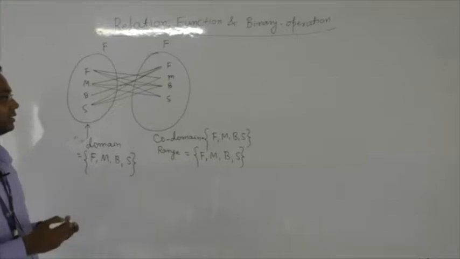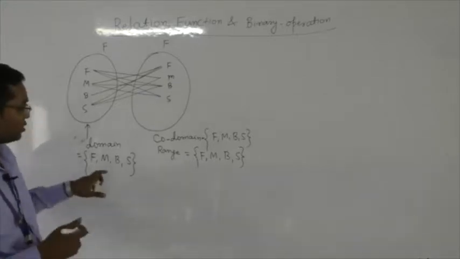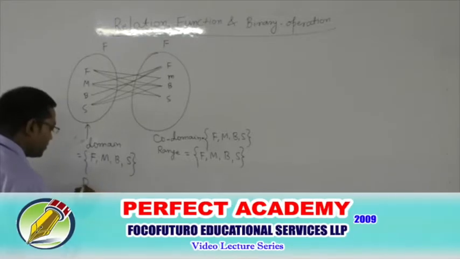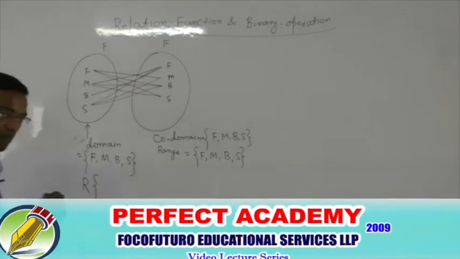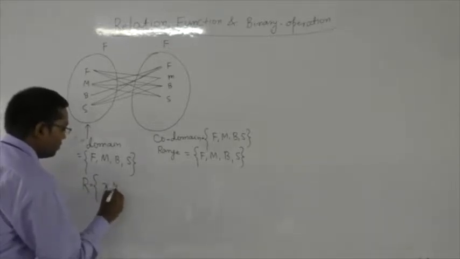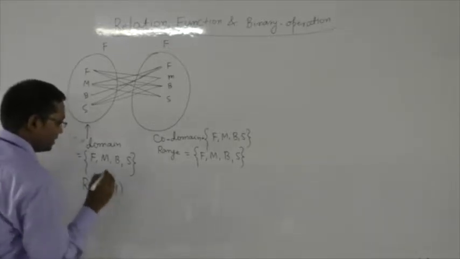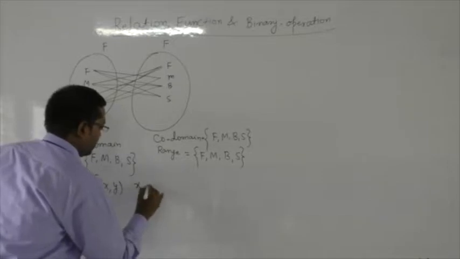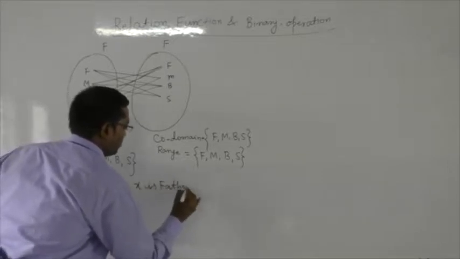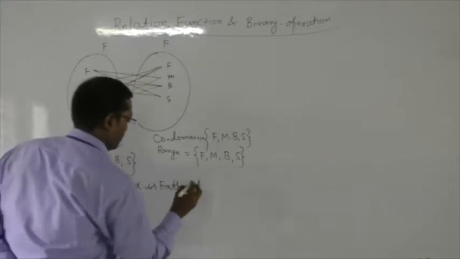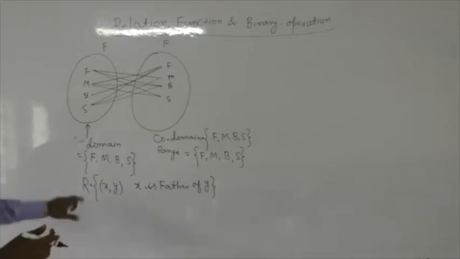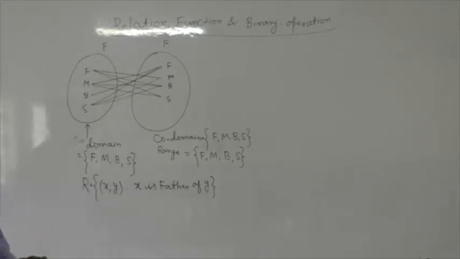Let's take another example. Here we can also define the relation R. We write in symbolic form, on the pairs of members, such that x is the father of y. We write the relation in this symbolic form.